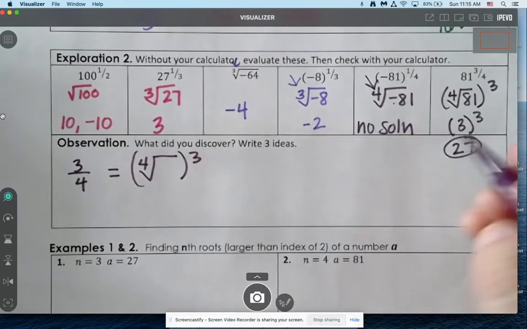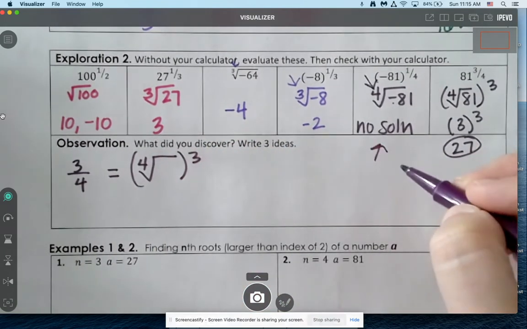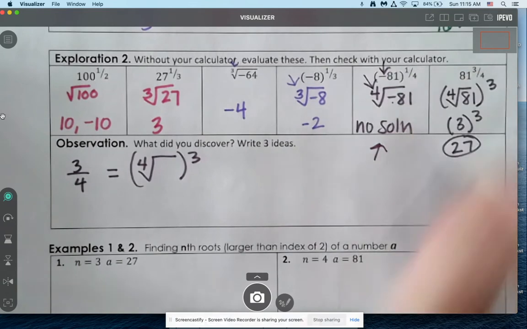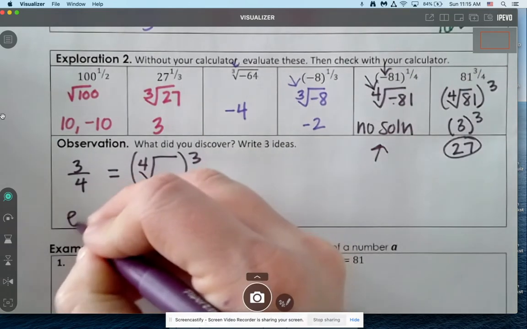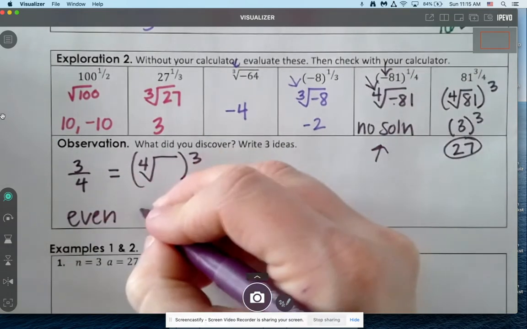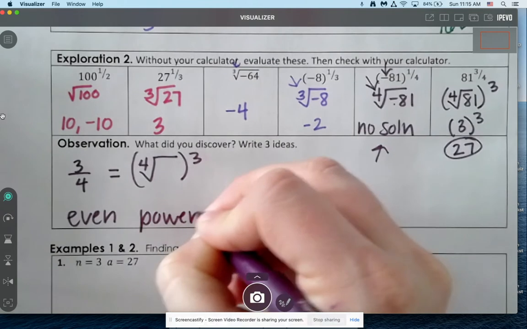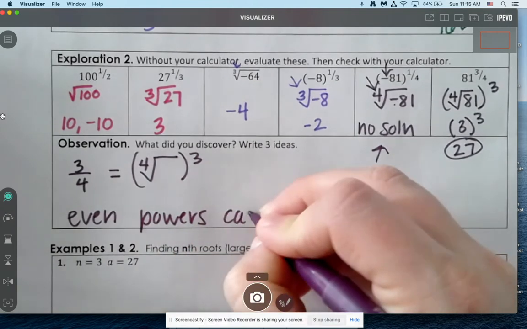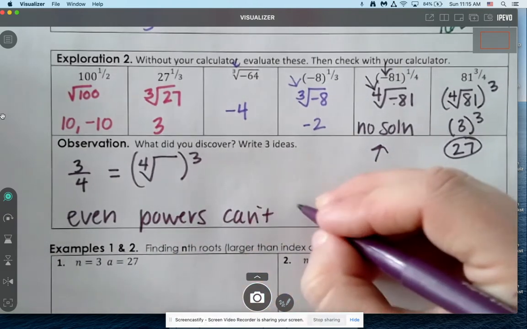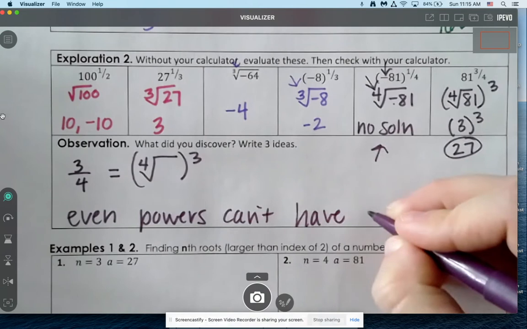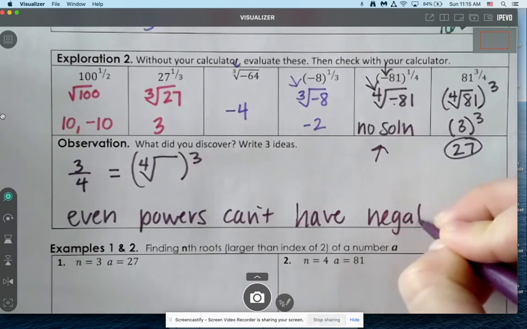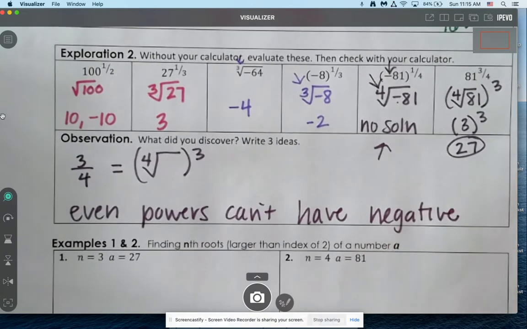And then we also discovered even powers can't produce a negative outcome. Even powers can't have negative numbers. Okay?